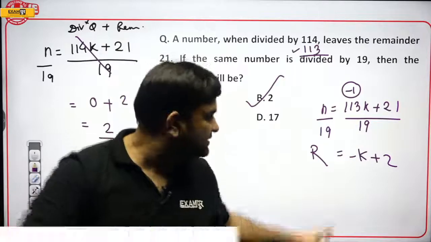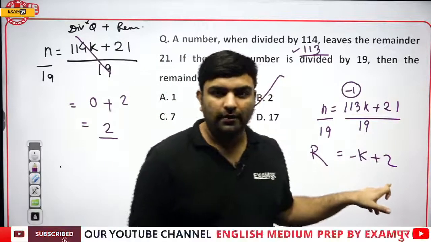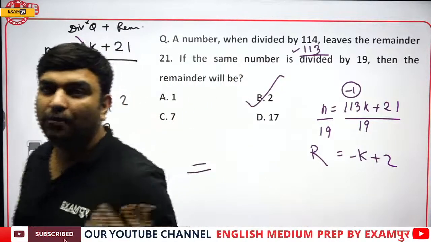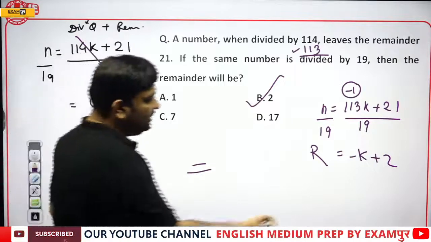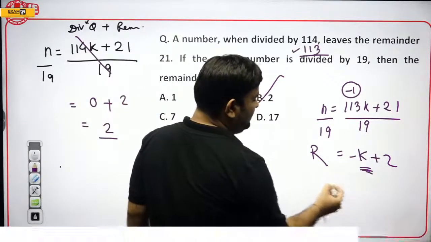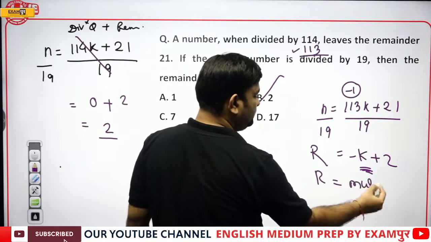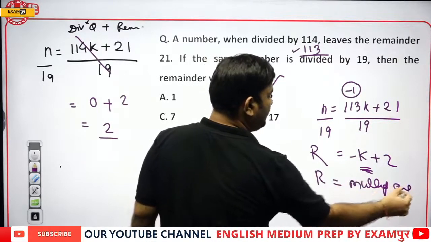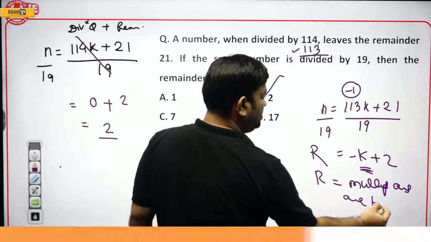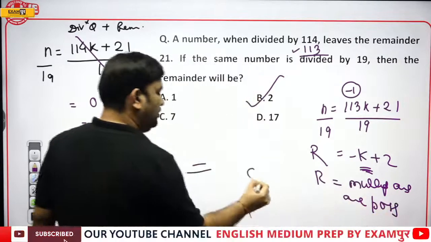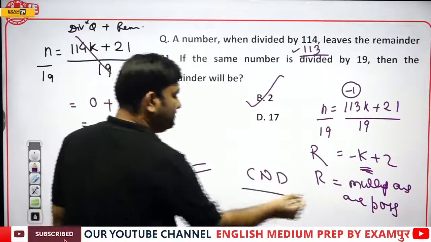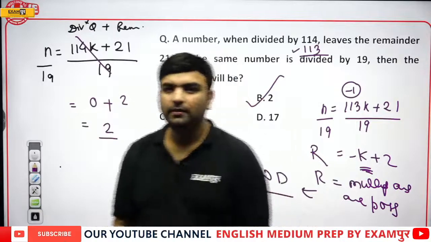Now, it's dependent upon the value of k. For different values of k, the remainders would be different. Multiple answers are possible. So you will say, cannot be determined. Logic?